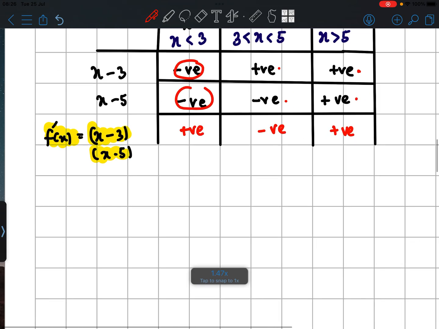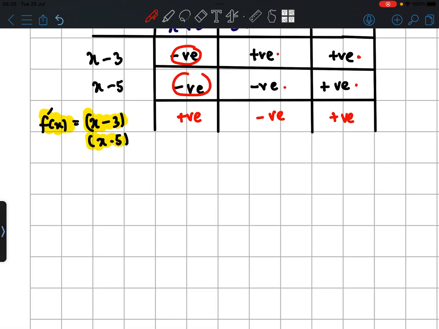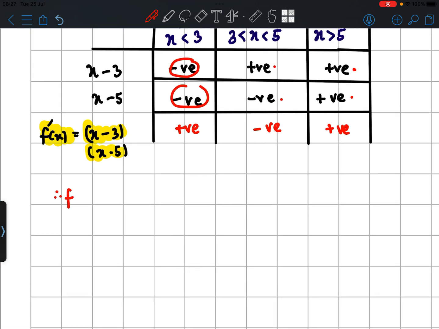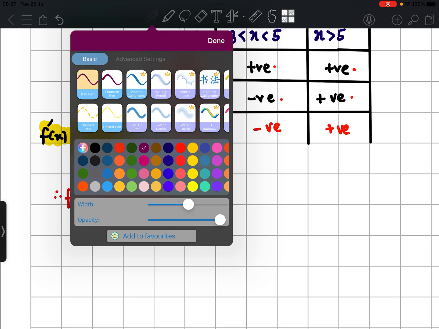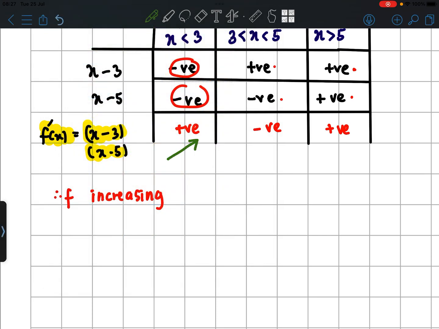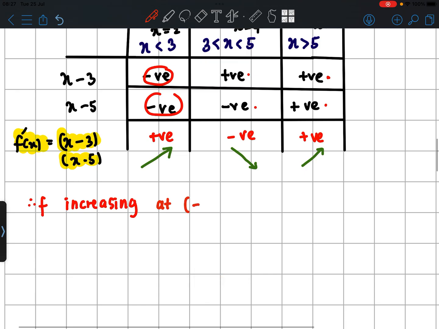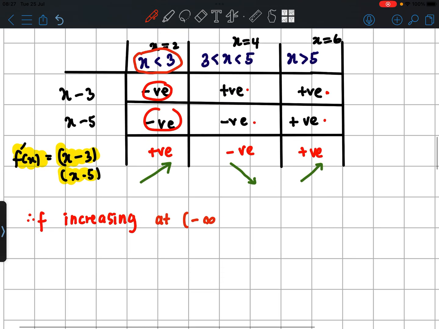So we know that the function f is increasing or decreasing: positive means the curve is increasing, and negative means decreasing. So we know that f is increasing at the interval minus infinity to 3.